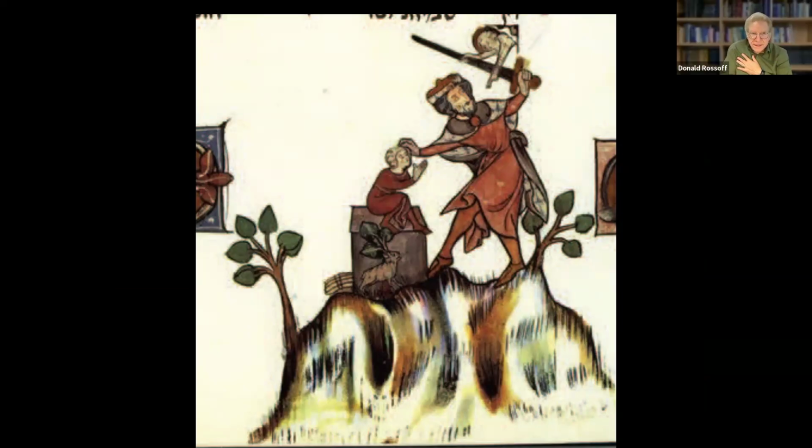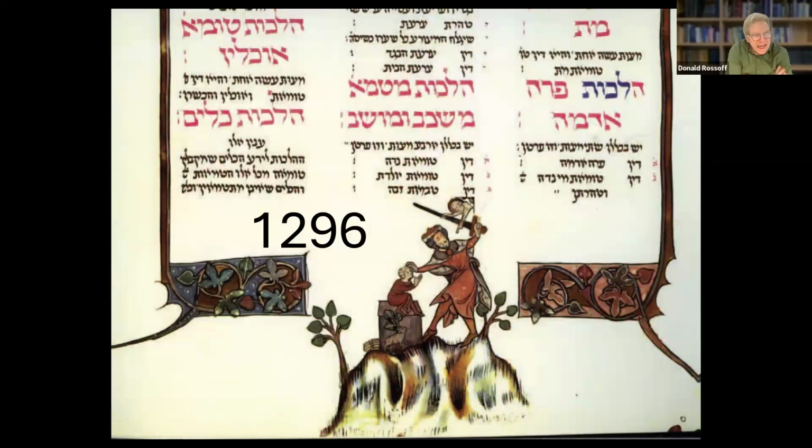But what's really interesting here is the text that it's illustrating. It's illustrating a page out of the Mishneh Torah by Maimonides. The Mishneh Torah, as you probably know, was the first organized compilation of Jewish law. And this section deals with the laws of purity, what is pure, what impure.